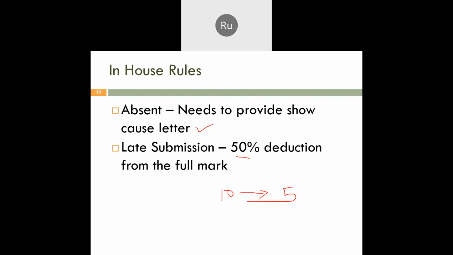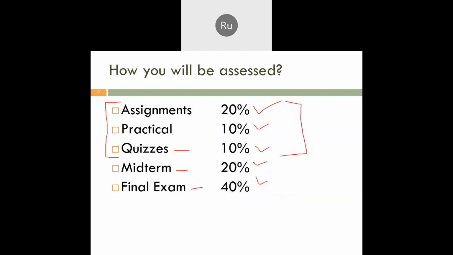Please remember that if you do not submit any of these practicals, or if you do not submit any of these assignments, meaning that you get 0, the whole grade will be F, even if you pass the passing mark.